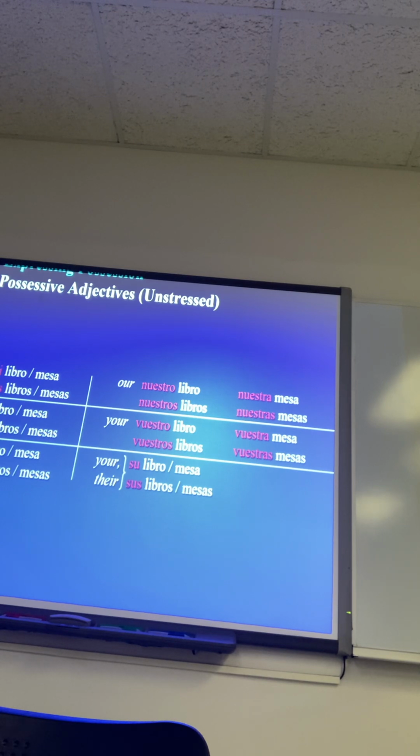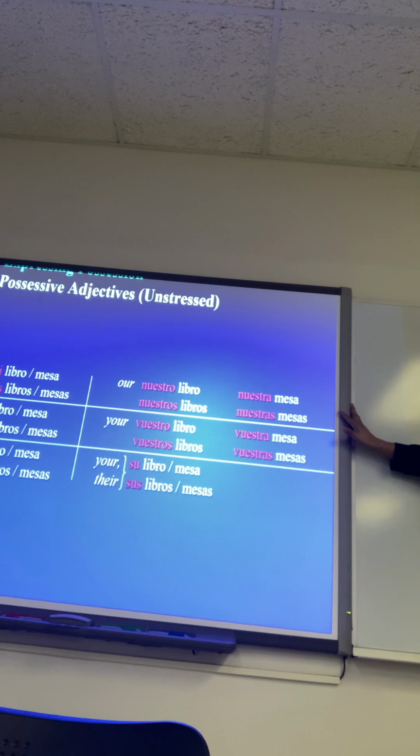It doesn't really matter as long as the object is either singular or plural. I'm going to use it if I'm talking to her, about her, to all three of you, to only one of you. It's either su or sus, but is there one or is there more than one object?